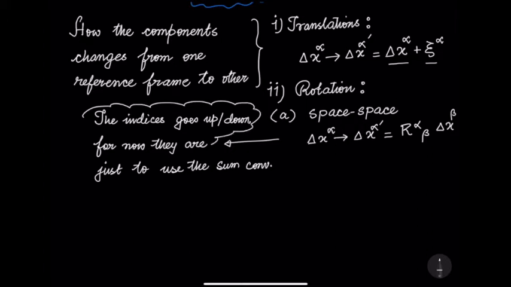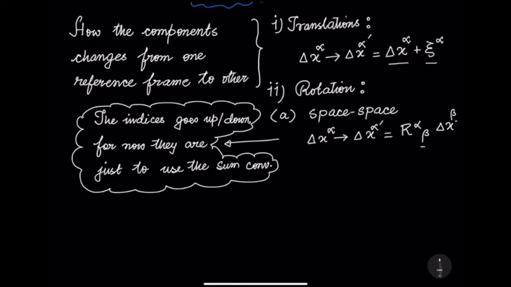We'll try to understand what I mean when I write an index upstairs and what I mean when I write an index downstairs. But for the time being, they're just to use the Einstein summation convention, which means that because beta comes down here and up here on the same side of the equals sign, there is a summation over beta sitting in front of this right hand side, which I am not writing, but I know that it is sitting there. So that is the first thing.